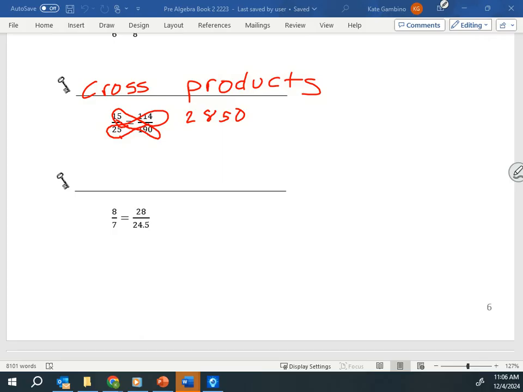What is 15 times 190? It's the same thing, 2,850. So we know that they are proportionate because when we multiply on the diagonals, they equal the same number. That's how cross products work. If they don't equal the same number multiplying on those diagonals, they are not proportionate.